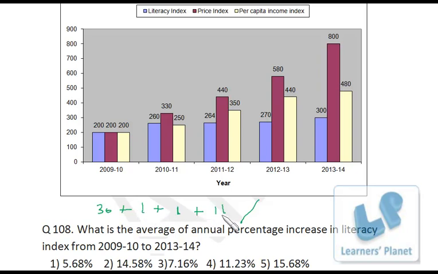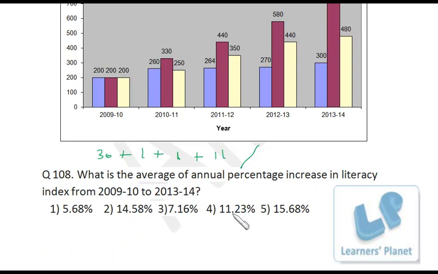Over here also it must be 11 point something, so we can assume this to be around 11%. So we have just one option that is closer to 11%, that is this, okay? And the other options are quite far from this. Below 11 it is 7, which is very far, and above 11 that is 14, that is also very far. So no need to worry, your answer is 11.23%.